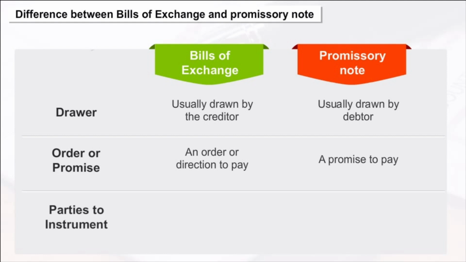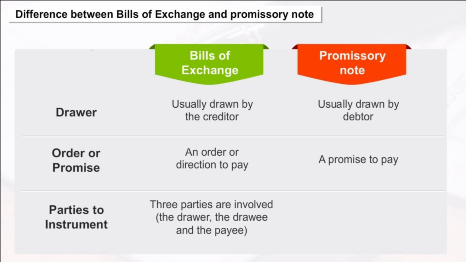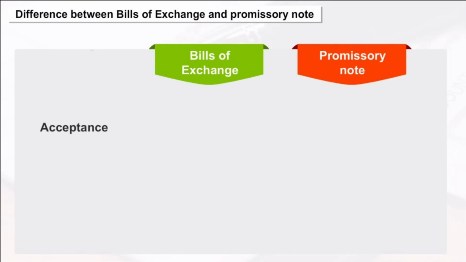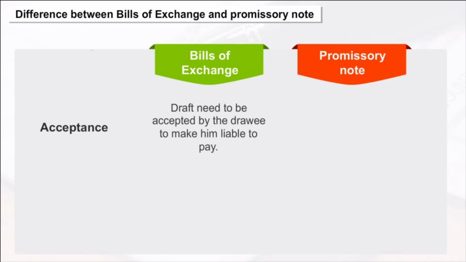3. Parties to instrument. In bills of exchange, there are 3 parties involved: the drawer, the drawee, and the payee. In a promissory note, there are 2 parties involved: the maker and the payee. 4. Acceptance. In bills of exchange, the draft needs to be accepted by the drawee to make him liable to pay.